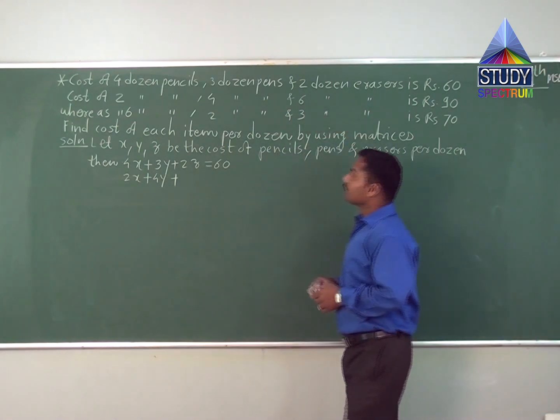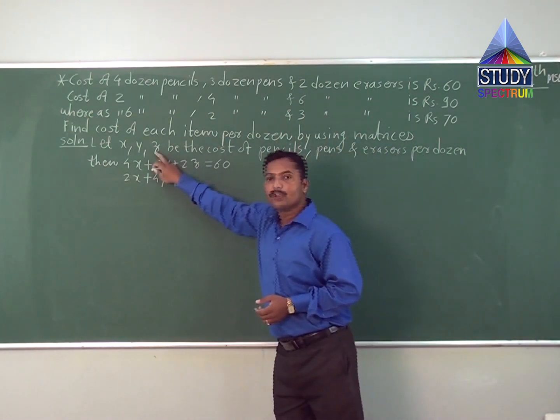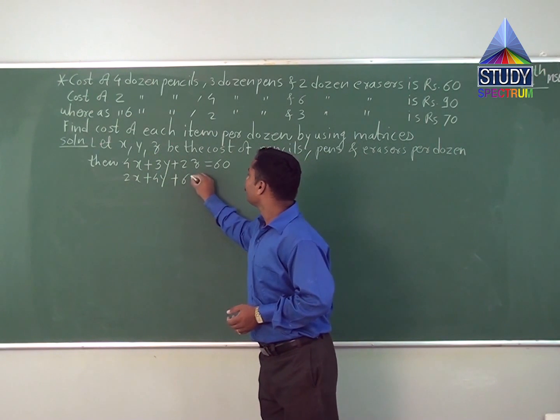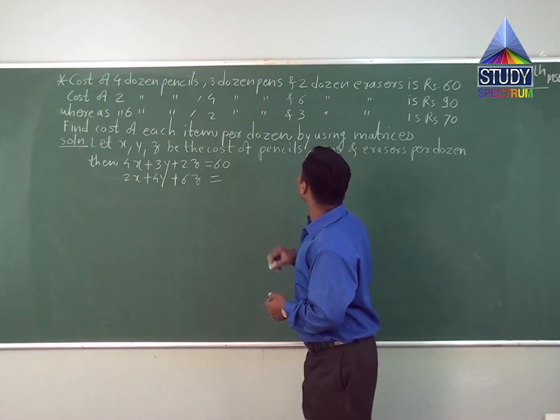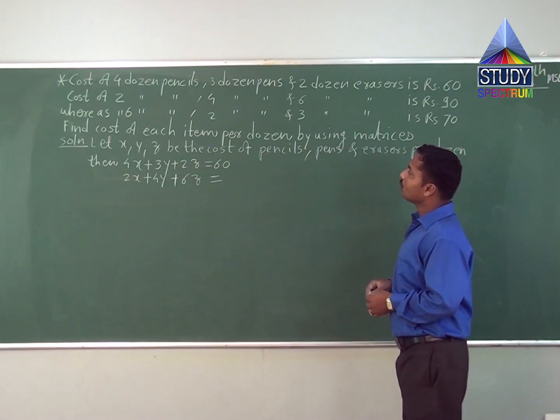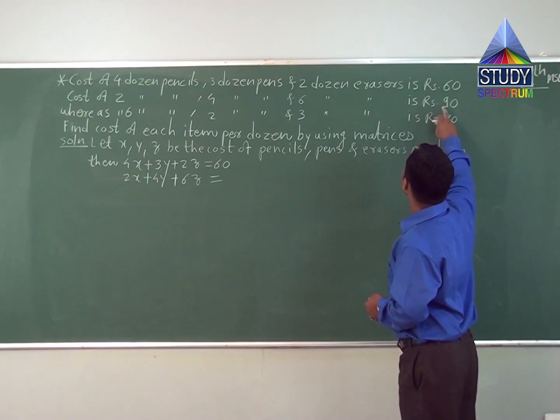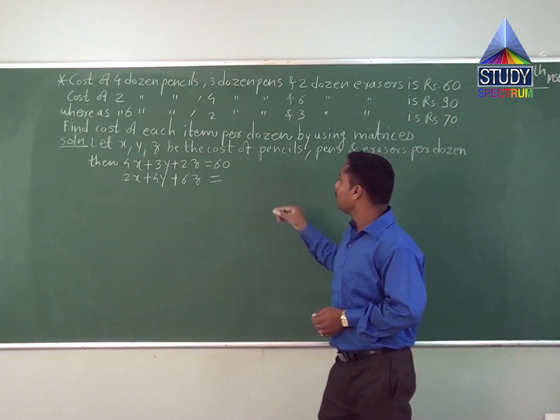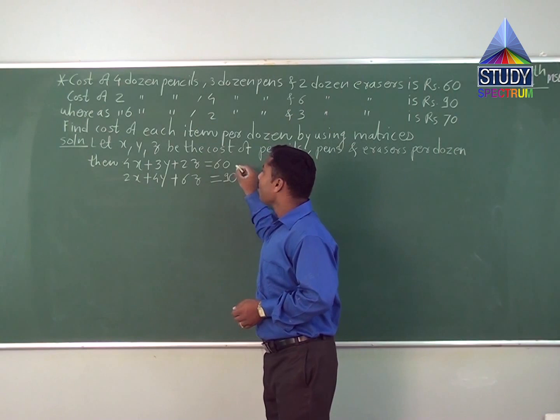Cost of 6 dozen means 6 into z. What is given as this value? 90 rupees.